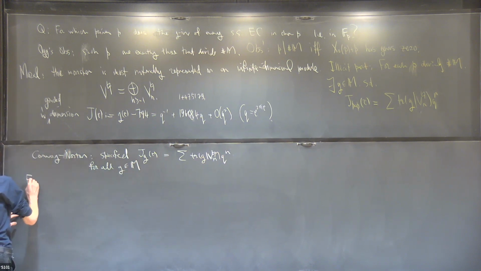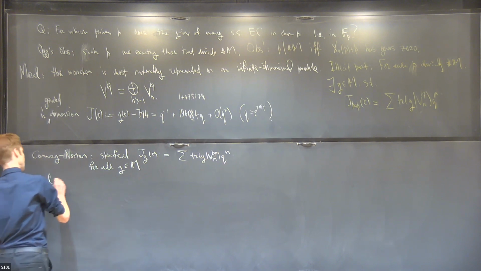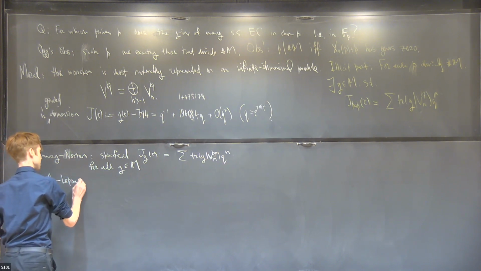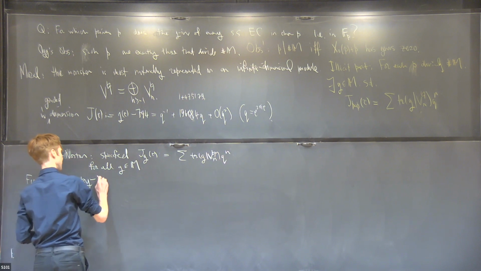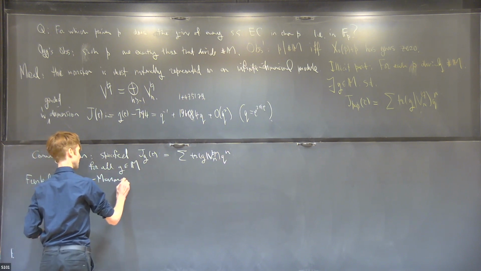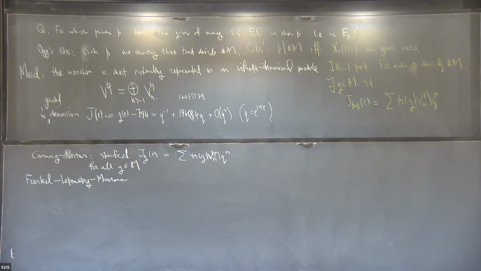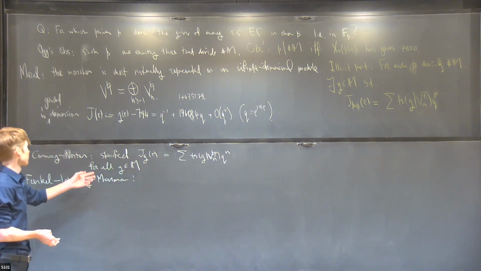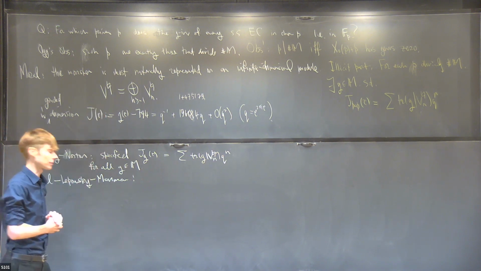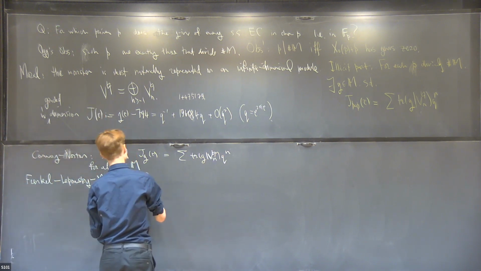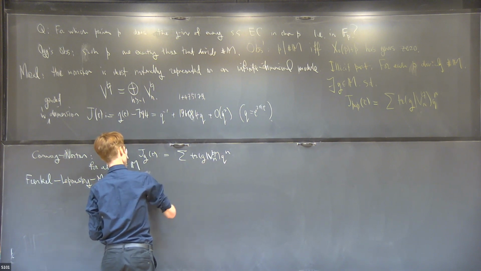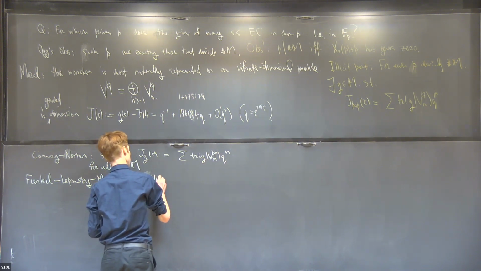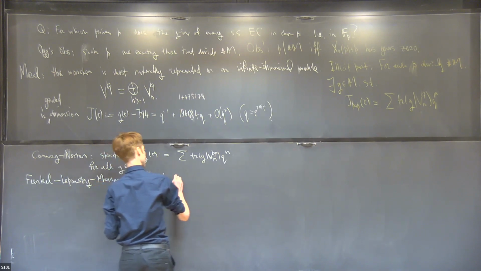And then Frenkel, Lepowsky, and Meurman, honored to have Lepowsky in the audience today, came out and gave a Lie algebra-based explicit construction of a module of the monster, the natural module V natural.